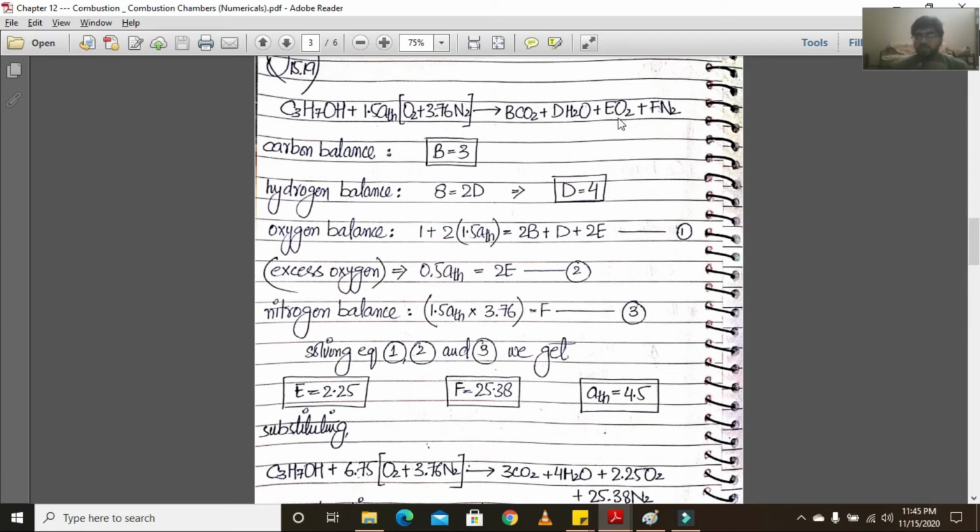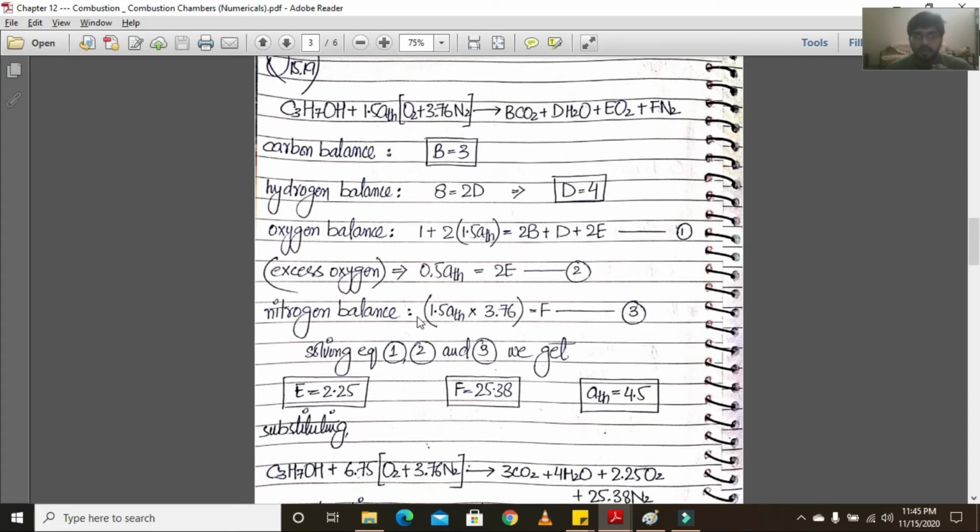So we have this equation in the form of unknown variables ATH and E, since we already know the value of B and D. Now if we balance the excess oxygen only, you can see that we have 0.5 times ATH equal to 2 times E.